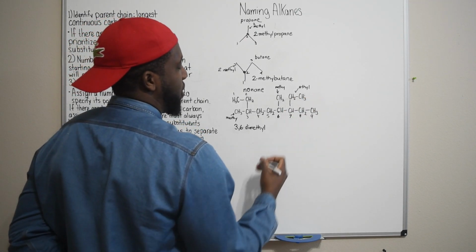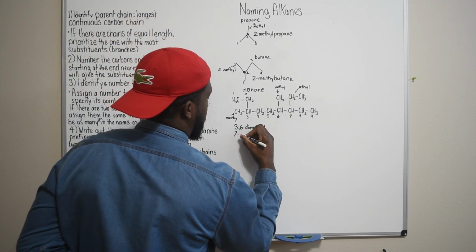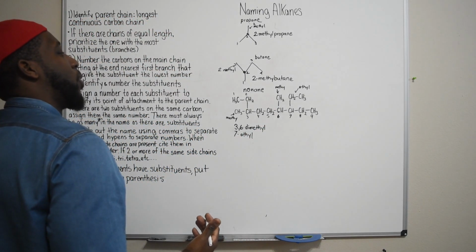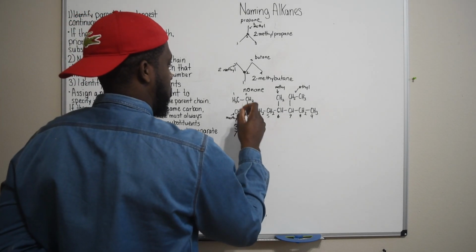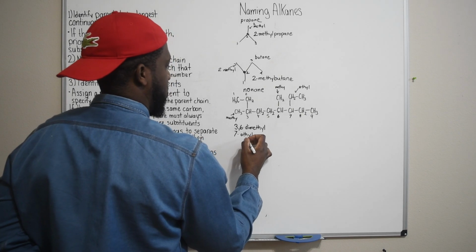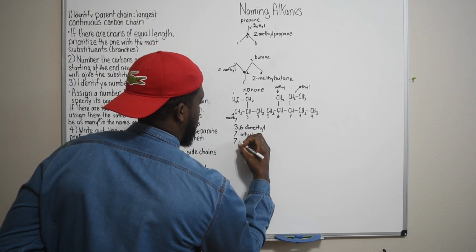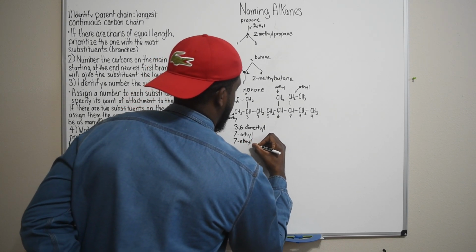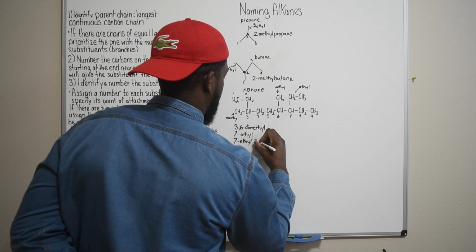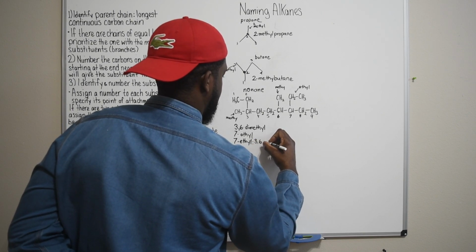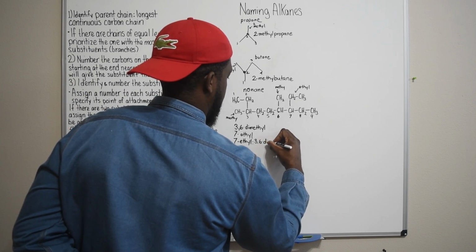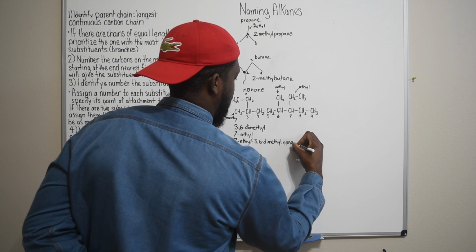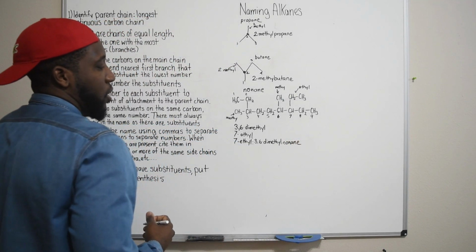And then we have 7-ethyl. So we would write this as 7-ethyl-3,6-dimethylnonane.